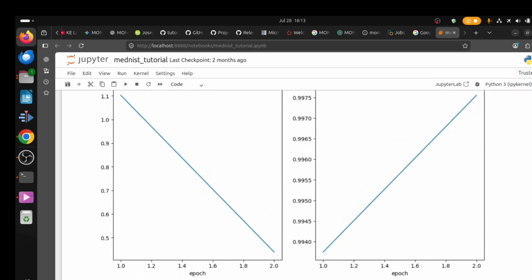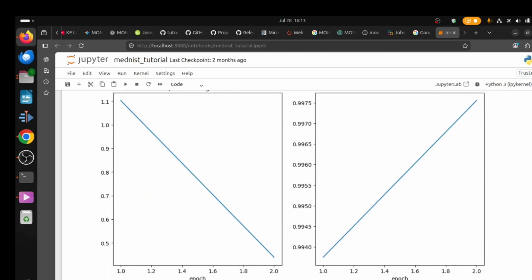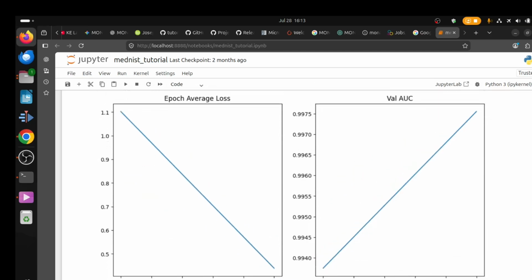At the end of the first epoch, the average training loss was approximately 1.10. The model achieved an AUC of 0.9937 and an accuracy of approximately 92.67%.